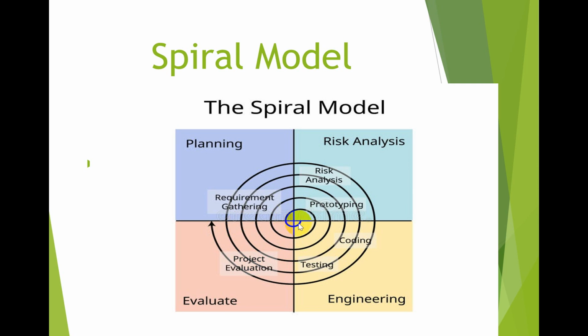It's similar to the waterfall model, you feel, right? But here we also have release-wise delivery. Suppose you have taken the requirements and shifted to the next phase, and now this release work has started.